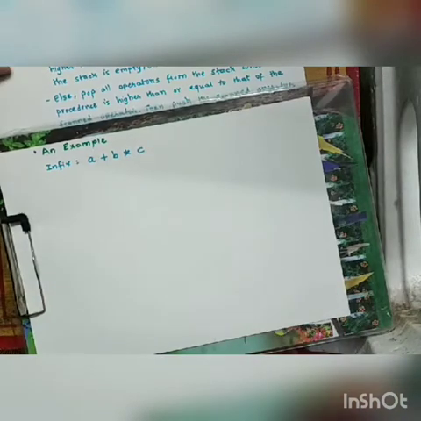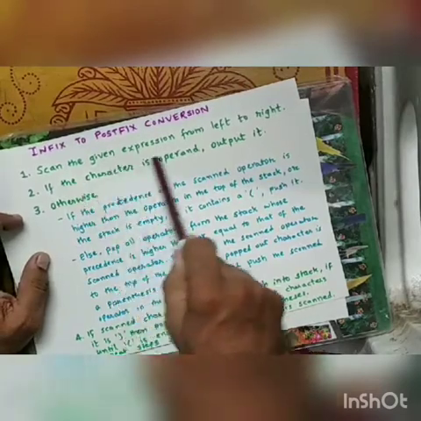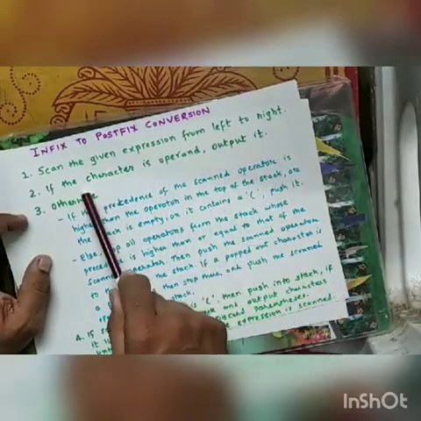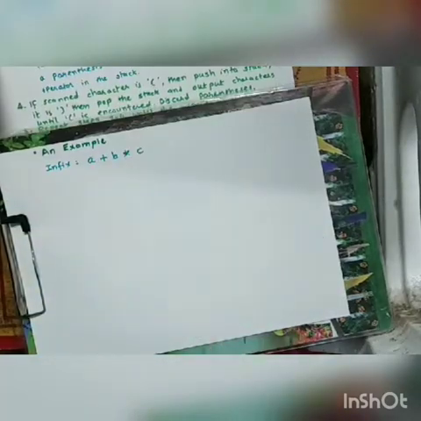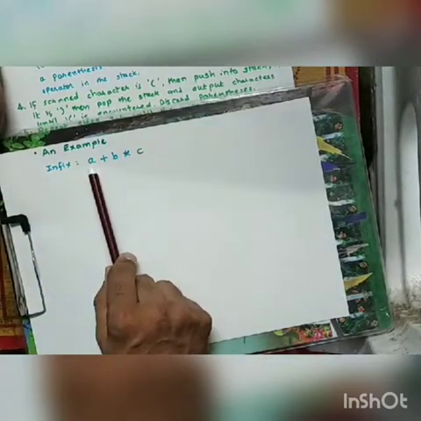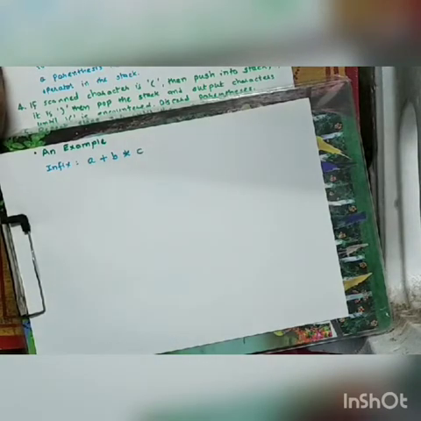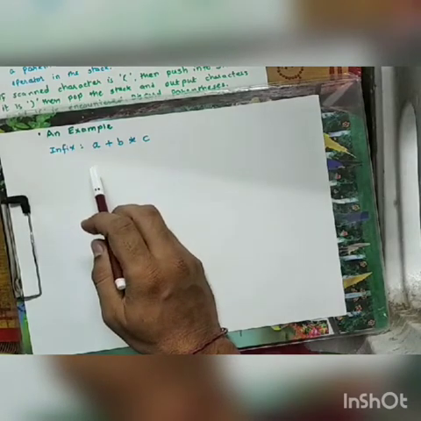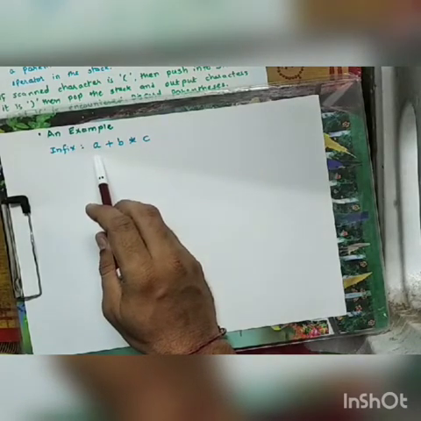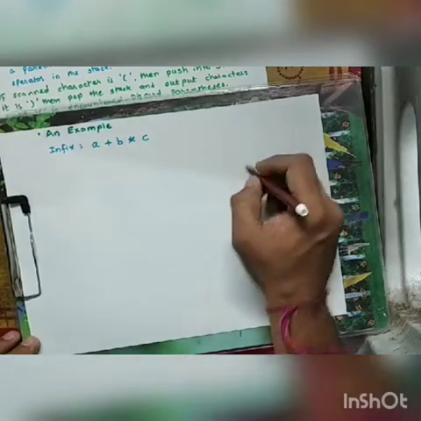As we know, the algorithm starts by scanning the expression from left to right. If the character is an operand, then you output it. The first character is a, which is an operand, so we simply output it. So a is our output.